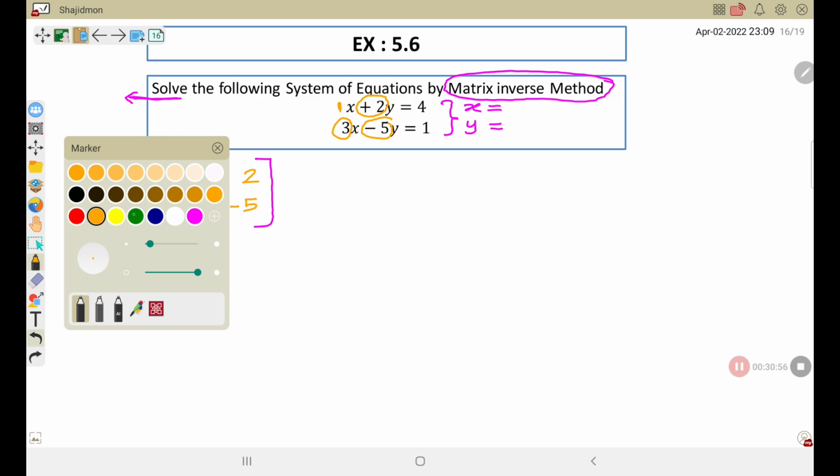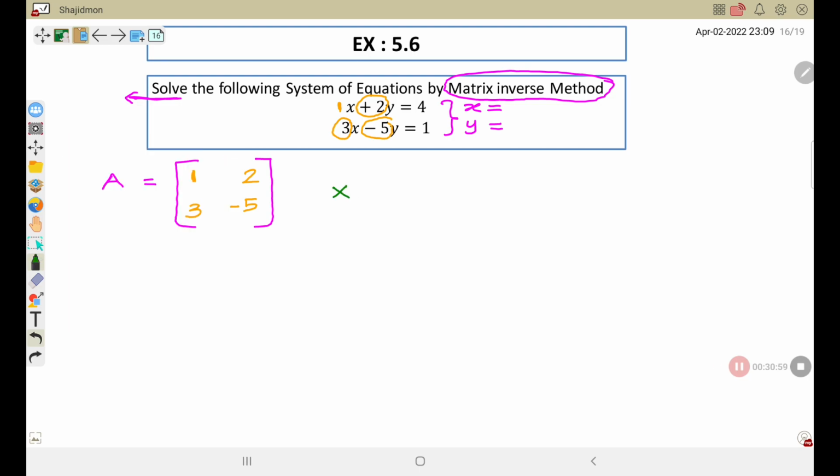Now we write the capital X matrix. Capital X means what I told, the variables we need to find, correct? Unknown values, small letter x and y, column matrix. Now we need to write the capital B matrix.